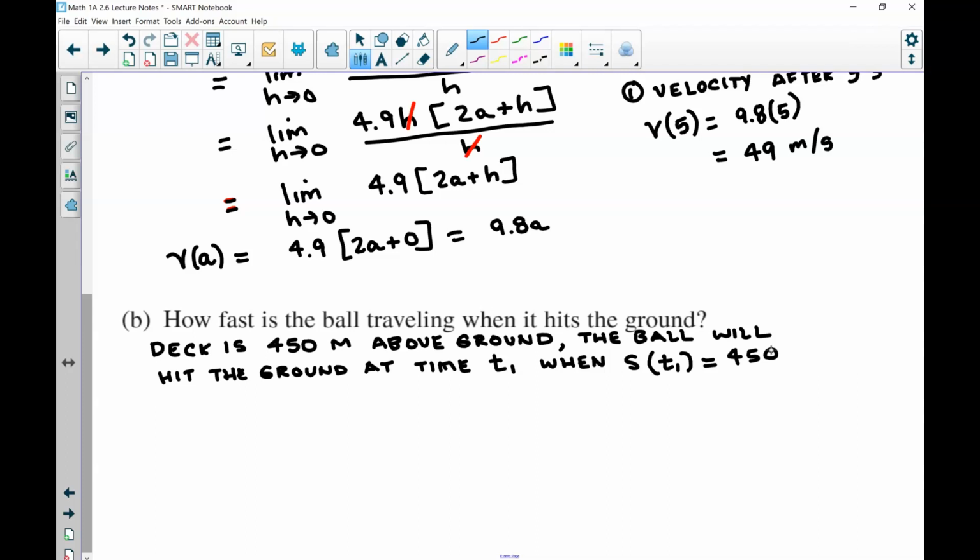And now recall that s of t from our first step is equal to 4.9 t squared. So now we can say that 4.9 t subscript 1 squared is going to equal 450.